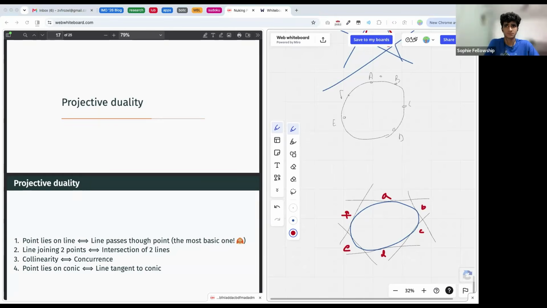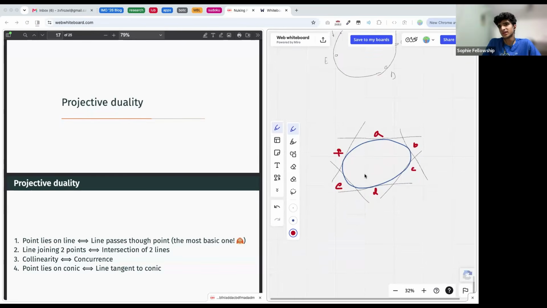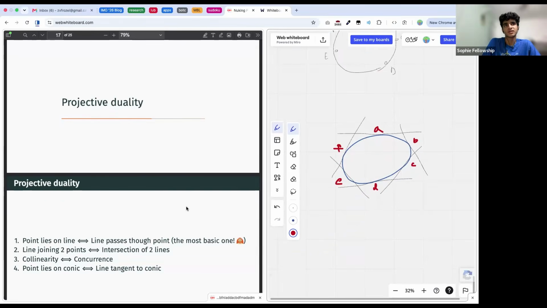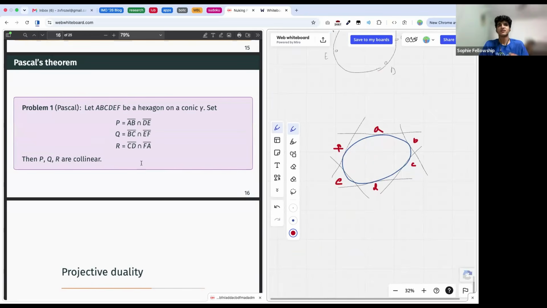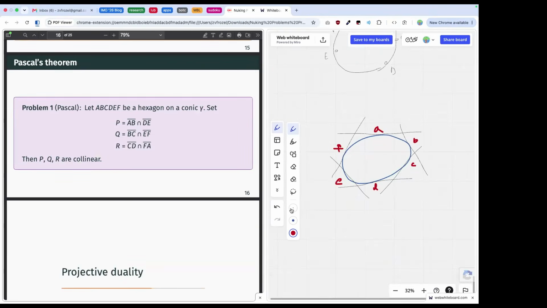Okay. So we have these 6 lines. Now, if we go back to the statement of Pascal, we have P equal to AB intersection DE. So when we're working over here, what is P? The point made by the intersection of lines AB and lines DE.